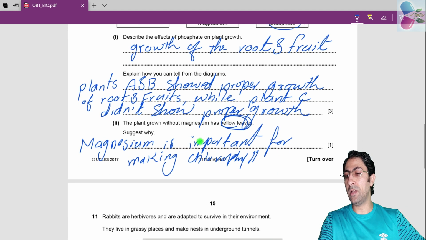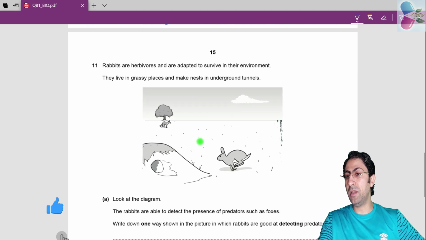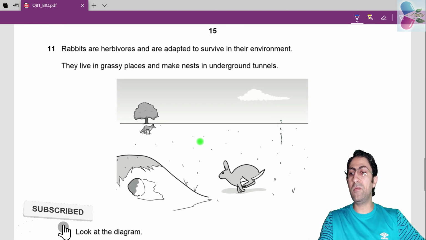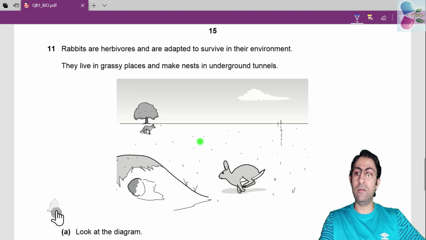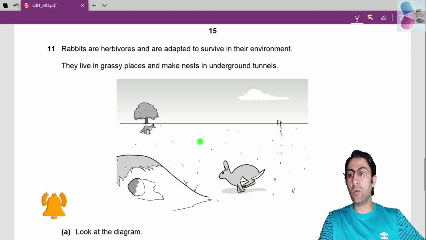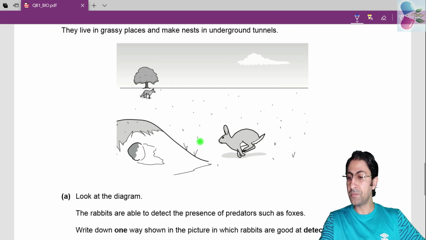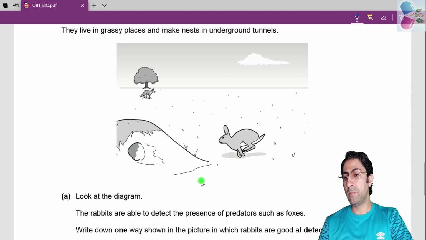If you proceed to the last question in this paper, question number 11, page number 15, it says that rabbits are herbivores and adapted to survive in their environment. They live in grassy places and make nests in underground tunnels. Point number A. Look at the diagram. The rabbits are able to detect the presence of predators such as a fox.